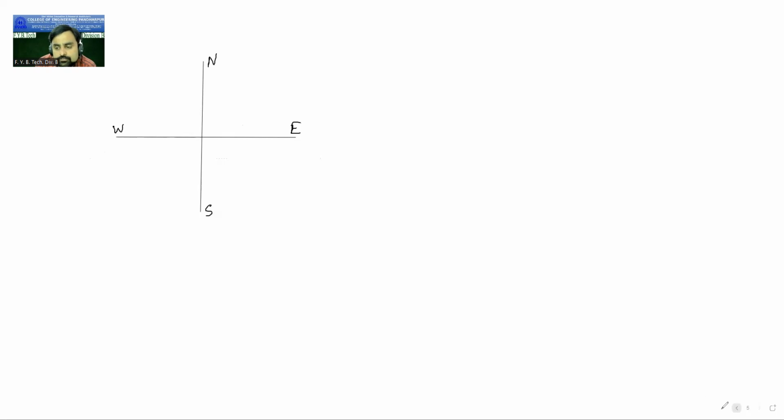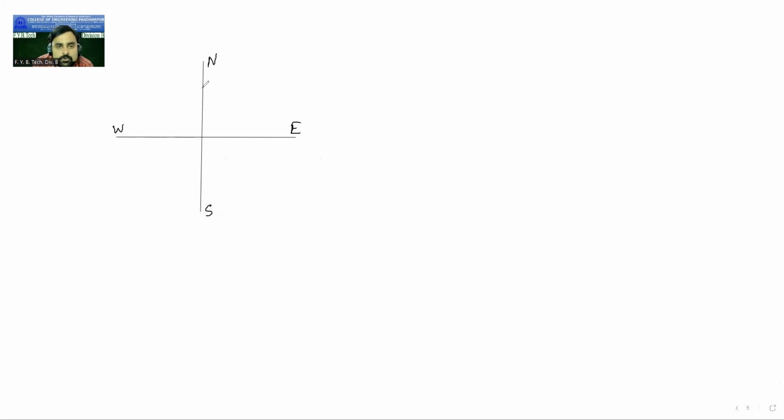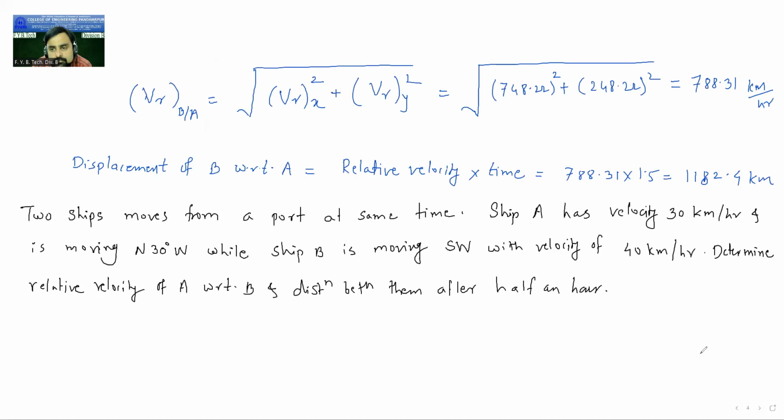Now it is moving north 30° west. Ship A. So from north, take an angle of 30° and it is moving towards west. So this is the direction. This angle is 30°. What is the velocity? 30 km per hour.